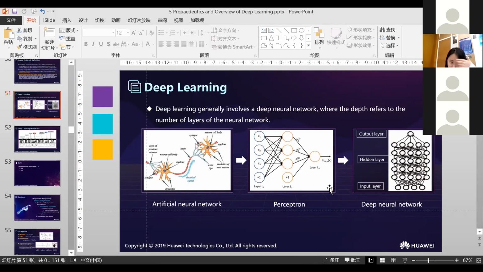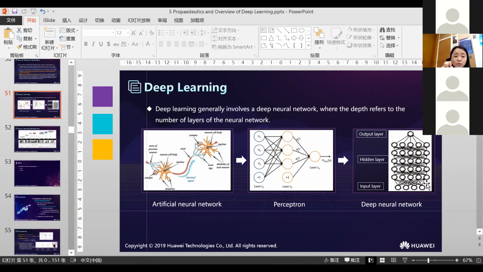So the information is transferred from the input to the output layer. The aim of training a neural network is to find the proper values of these weights and also the bias. For example, every line represents a weight, W1, W2, W3, W4.